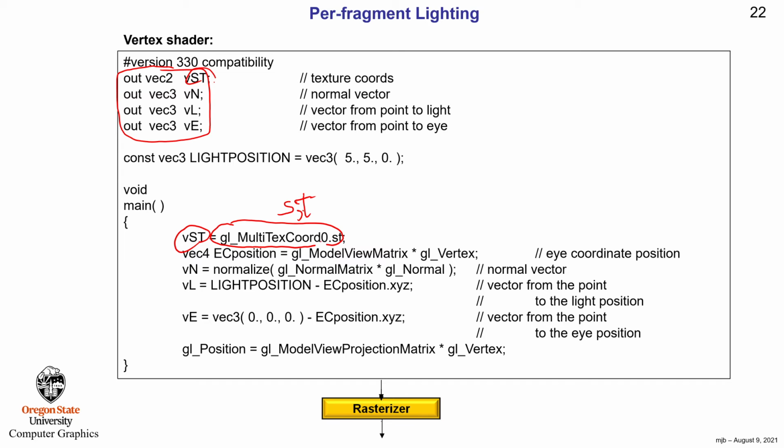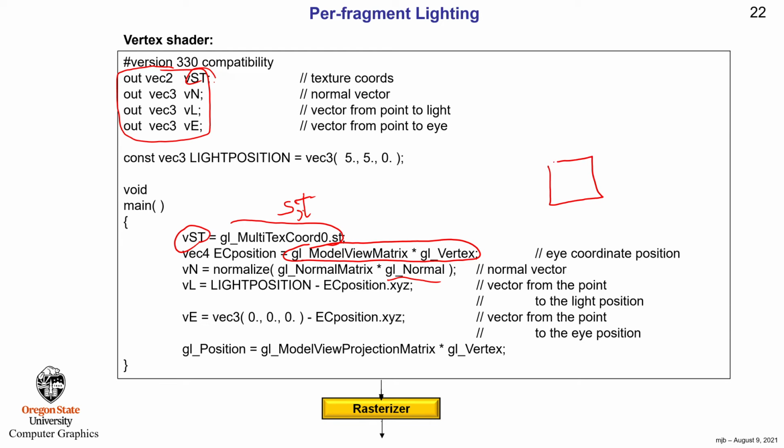The eye coordinate position is the model view matrix times the vertex. And we're doing that so we can figure out where the transformed point is. We're going to do the lighting after transforming the point. We need to also transform the normal. Actually, we haven't really talked about that much, but think about it.